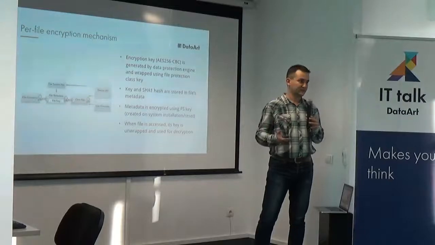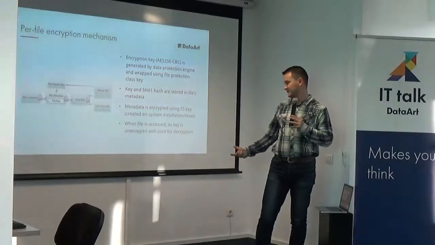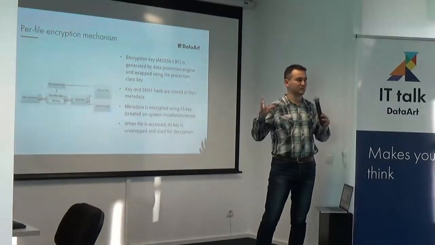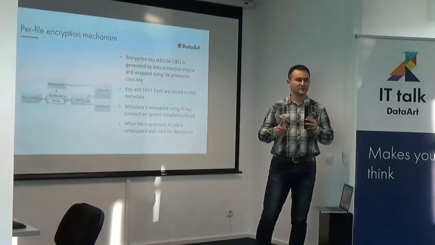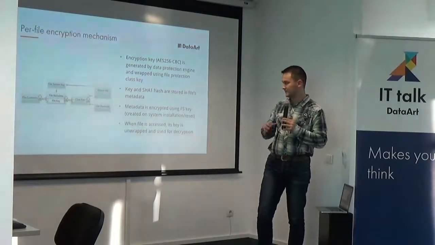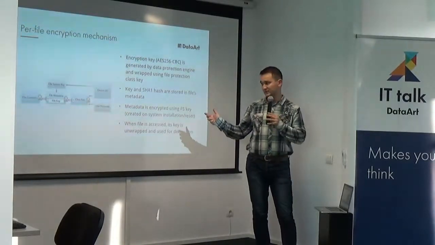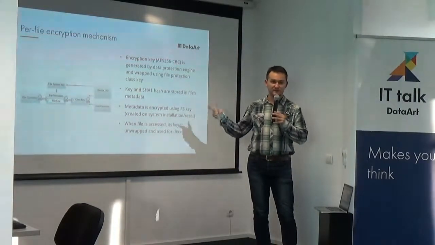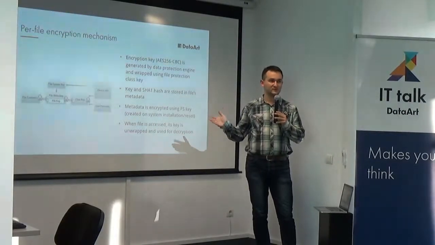When a file is accessed, its key is unwrapped, so decrypted, and this key is stored in memory and used for file decryption, whether it is access to the whole file, loading it, let's say, to the memory, or whether it is a file handle, when we seek to an offset and start decrypting the file. So here are the essential elements of the file protection system: file metadata with file key, user's passcode, and device ID. If you have not set the passcode, your data is at risk.